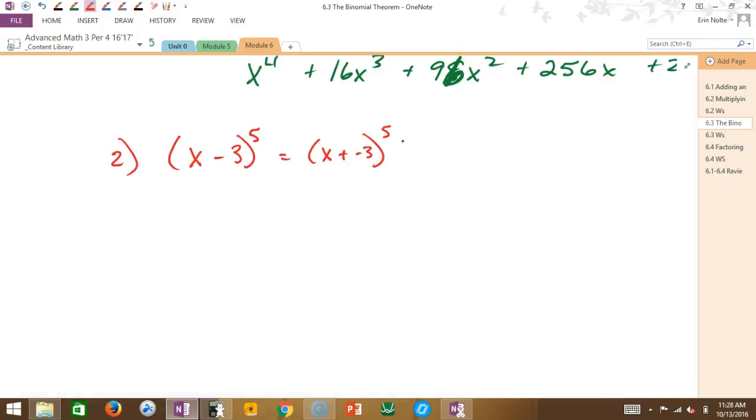So I'm going to do exactly the same thing that I just did on that last question. Where do I start? On the third line. I've got an exponent of 5, so I need my 5th row line. So it goes 1, 5, 10, 10, 5, 1. Notice I have lots of space in between there.